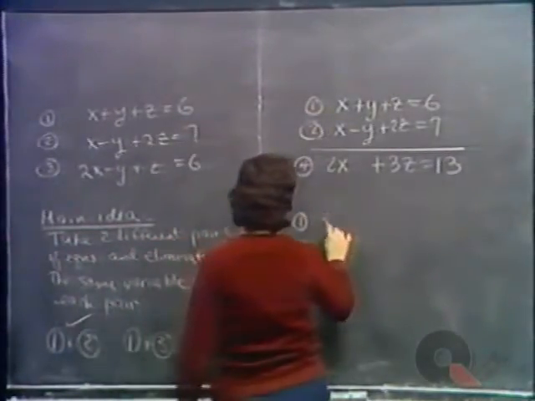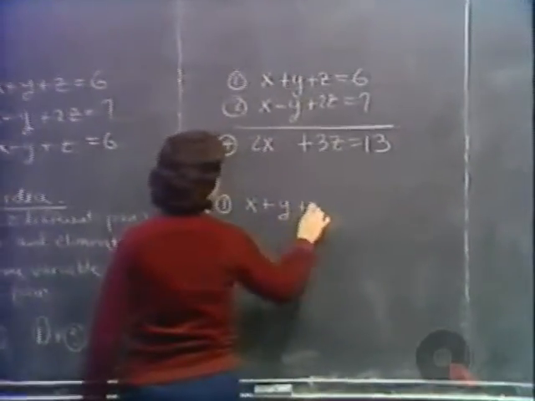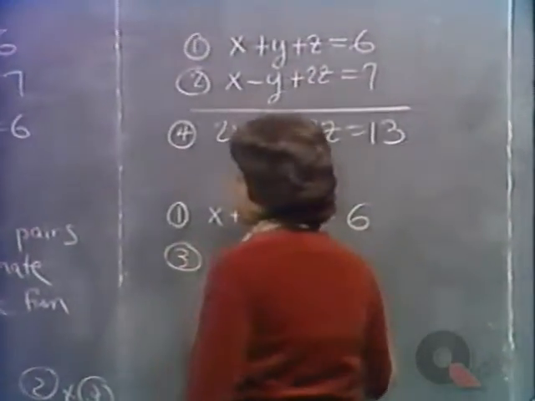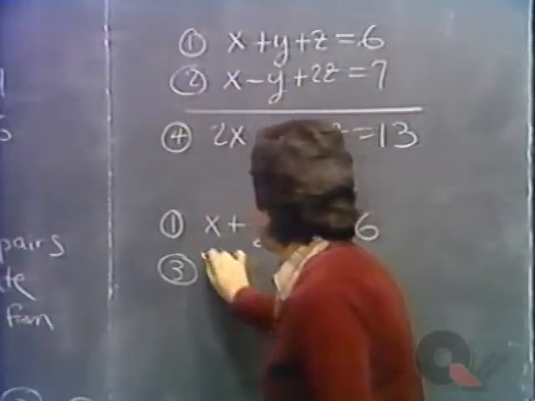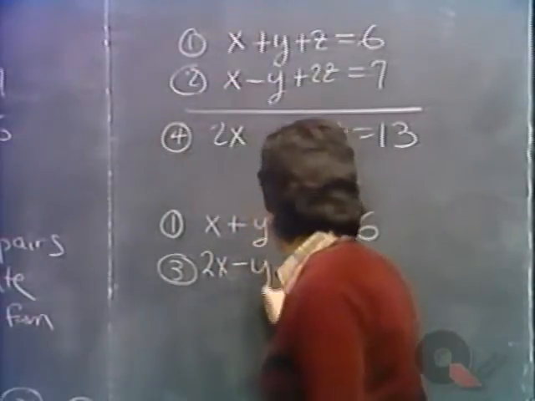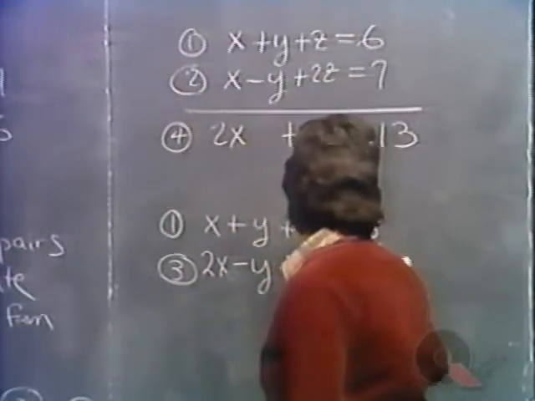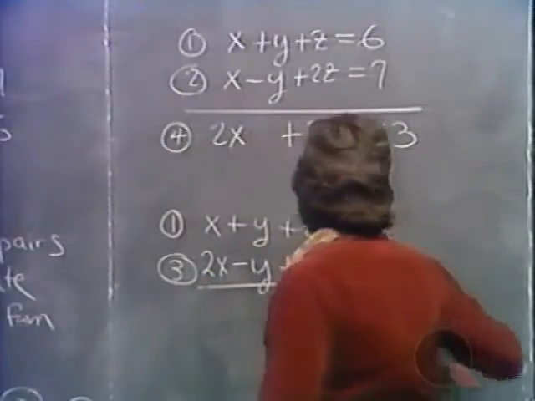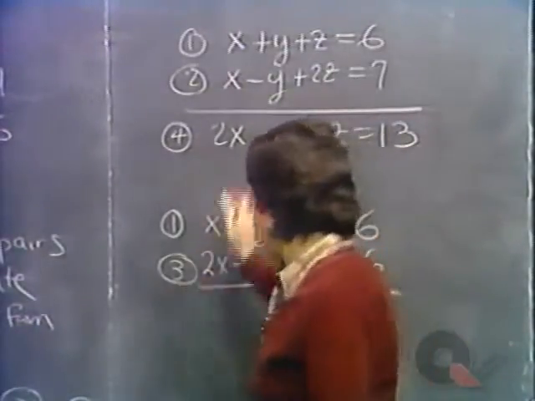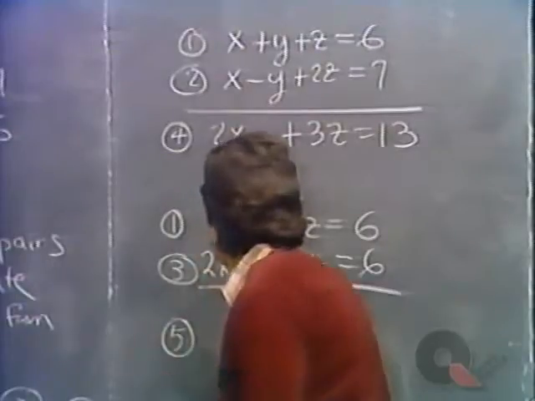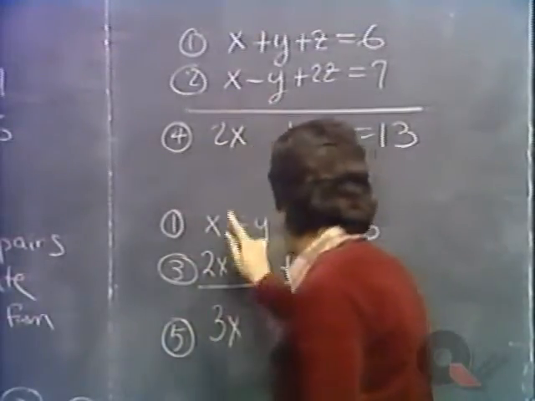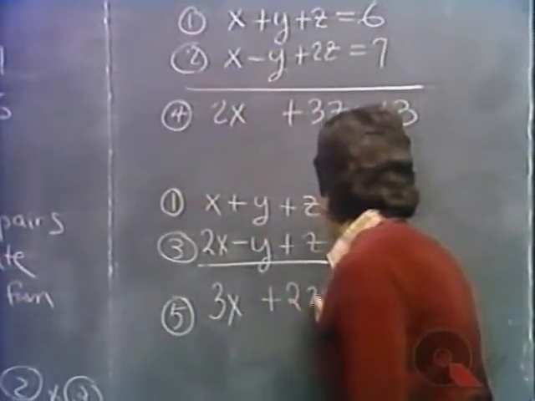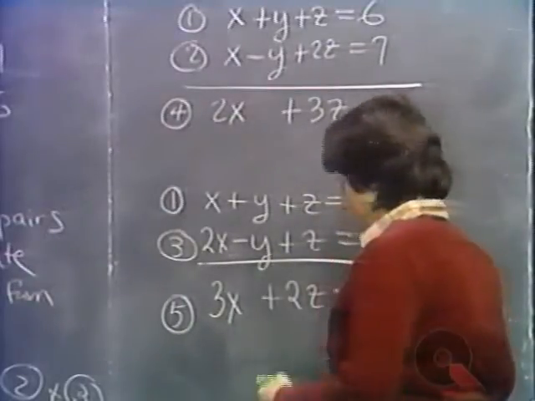Equation 1, that's x plus y plus z equals 6. And equation 3, 2x minus y plus z equals 6. We add these two equations. We get a fifth equation, let's say, 3x, the y's drop out, plus 2z equals 12.